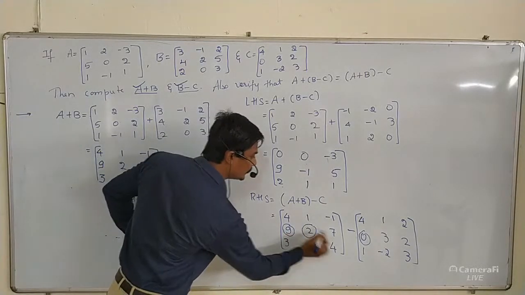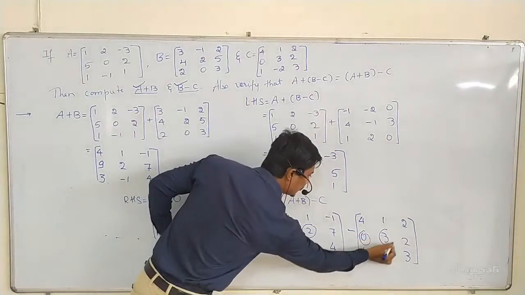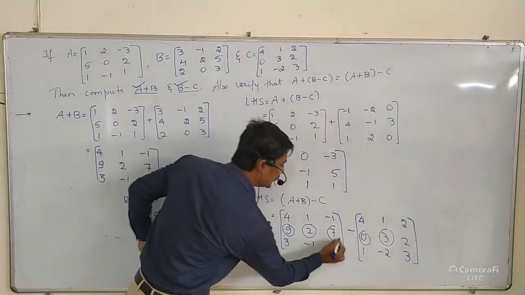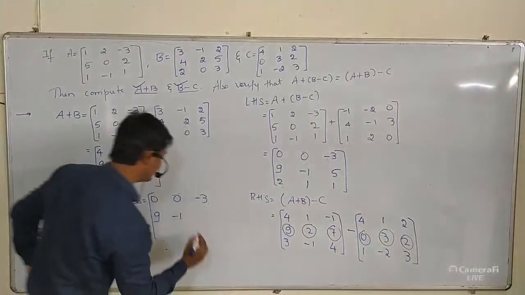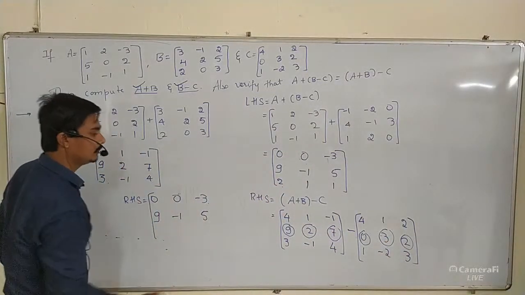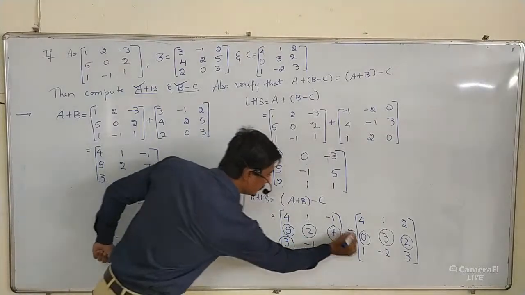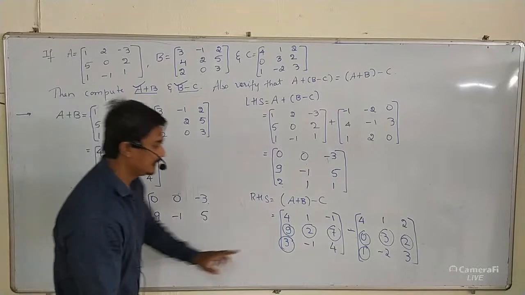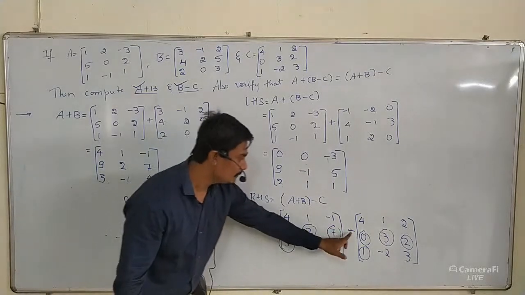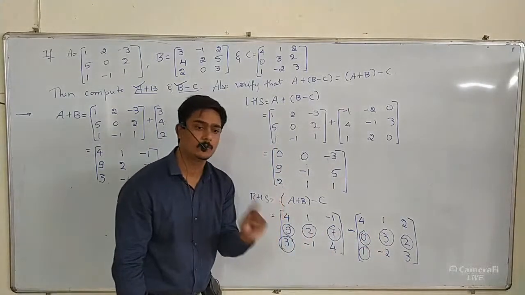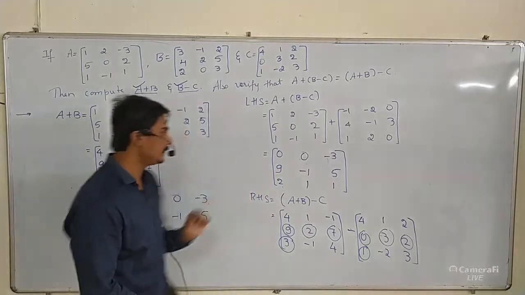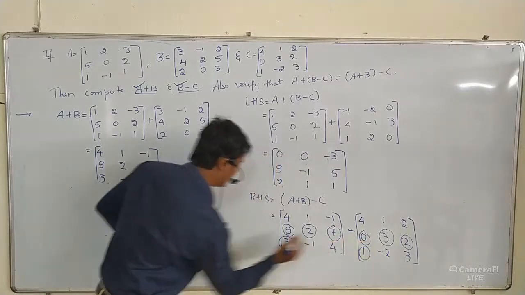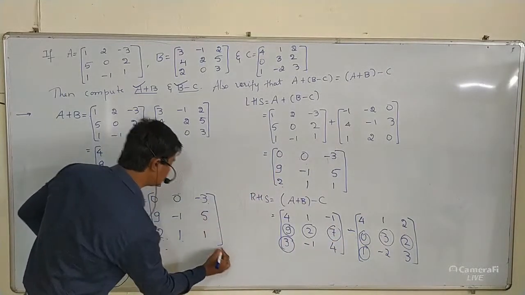This is 2 minus into plus, minus 3. 2 minus 3 is minus 1. 7 minus 2, 5. This is 3 minus 1, 2. See here, it is minus 1, minus into minus plus 2. Minus 1 plus 2 is plus 1. This is plus 4 minus 3, which is 1.